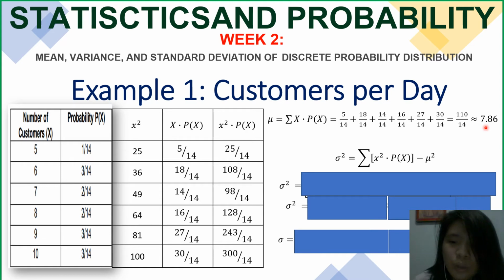Kunin natin yung pangatlong decimal point, yun yung basihan natin kung magra-round up tayo or magra-round down tayo. In this case, kung in-insert nyo man sa calculator nyo ang 110 divided by 14, yung lilitaw is 7.857. Since 7 siya, round up or round down? Of course, it is round up kasi 5 pataas siya. Kaya yung sagot natin is 7.86.